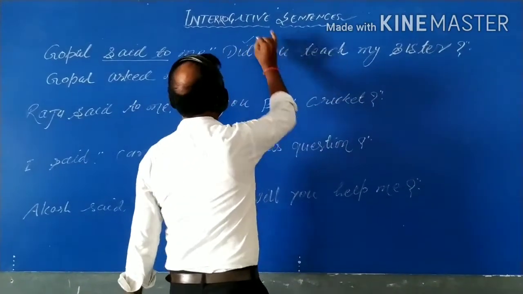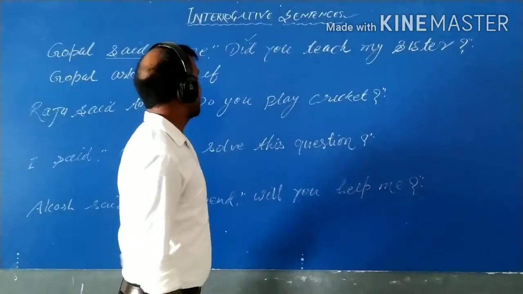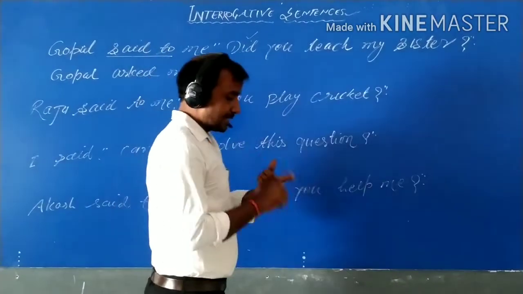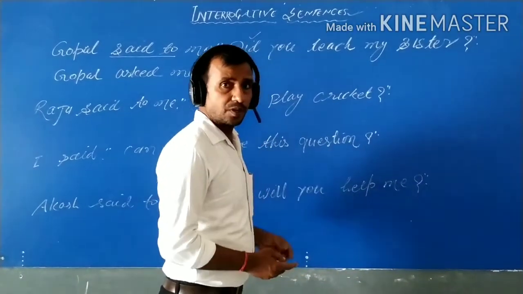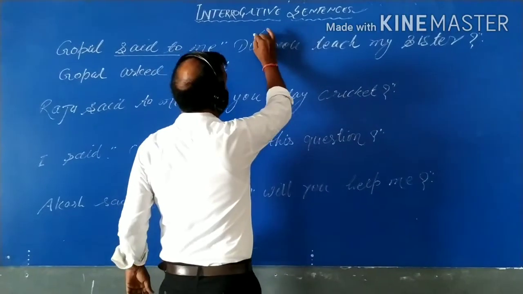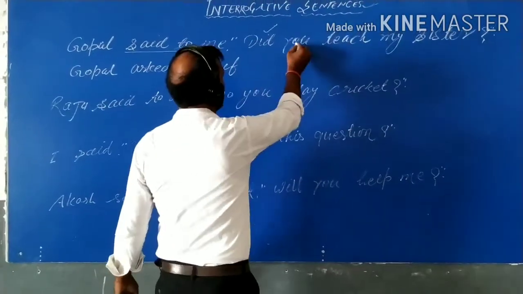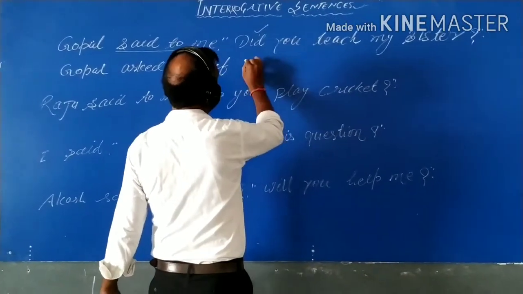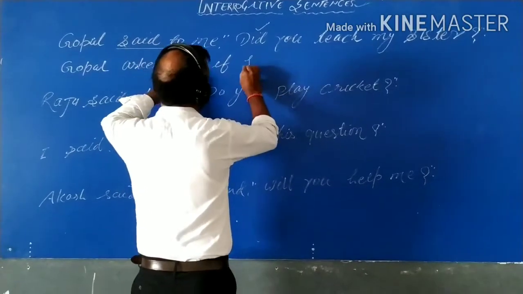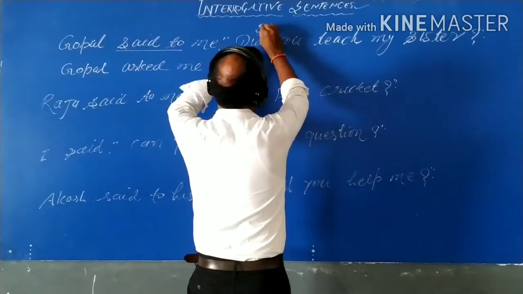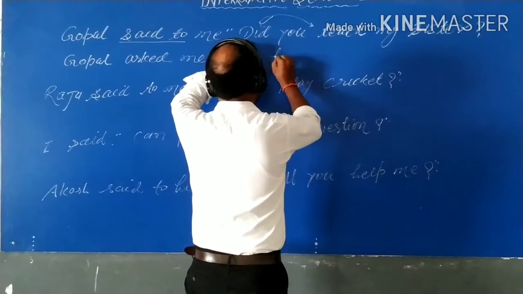The condition required here is "if". "Did" expresses that it is past indefinite, and past indefinite will turn into past perfect. So you will change according to me, then I, and "did" will change into "had".